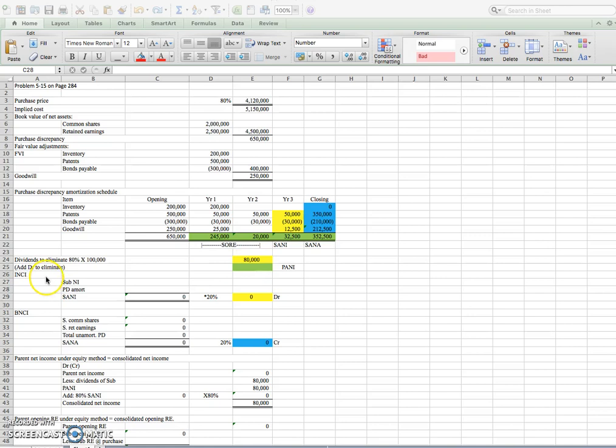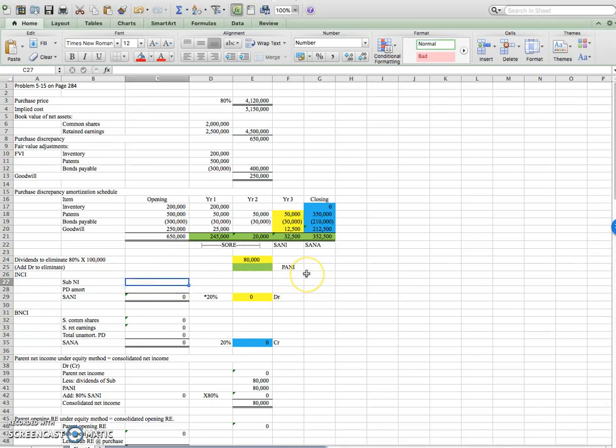Next we need to go on to step 4, which is figuring out our income statement non-controlling interest and our balance sheet non-controlling interest. Let's start with our income statement. We know the sub's net income was 200K. We also know the purchase discrepancy amortization for year 3 was 32,500.